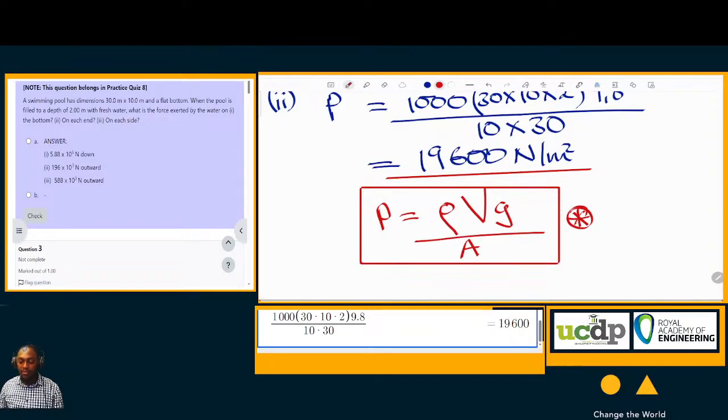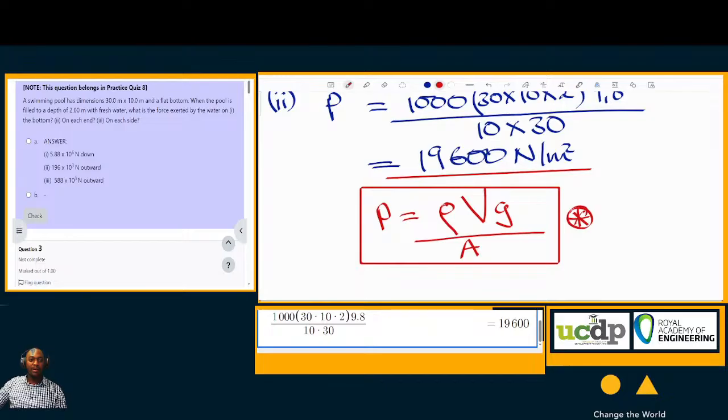The volume of the water is constant, which will be your length by width by height, 30 by 10 by 2. Then after determining that, multiplied by G, that's your mass times G to get the weight of the water. So the weight of the water will remain constant. It will not change. And then after that, you divide by the area in question.